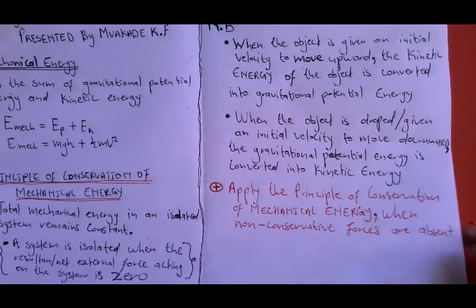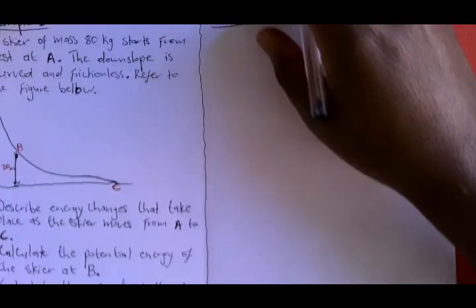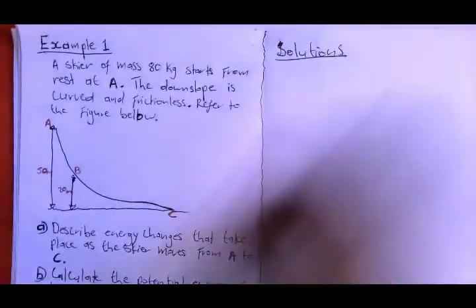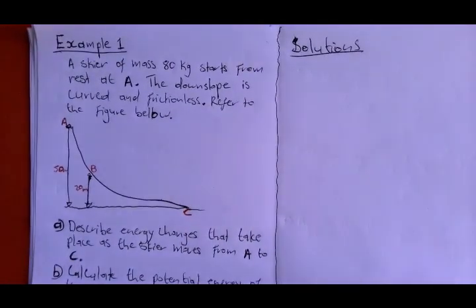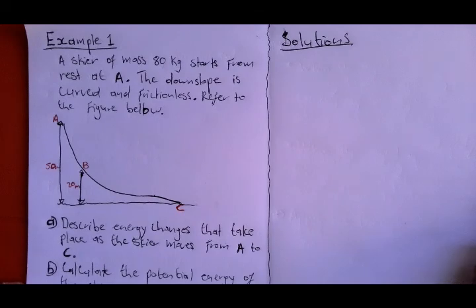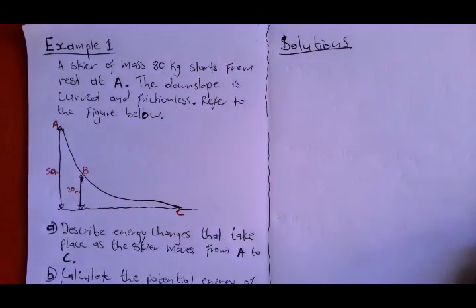So let's do an example where we solve problems using the principle of conservation of mechanical energy. A skier of mass 80 kg starts from rest at A. The downslope is curved and frictionless. Refer to the figure below.